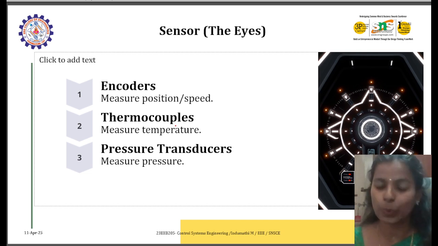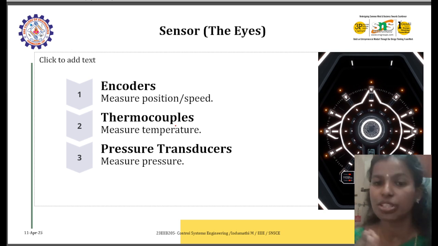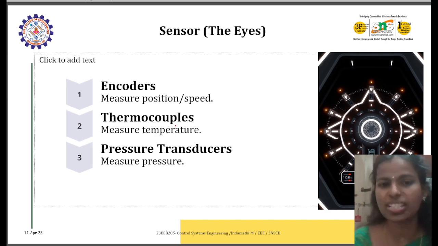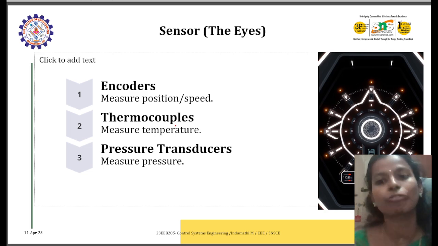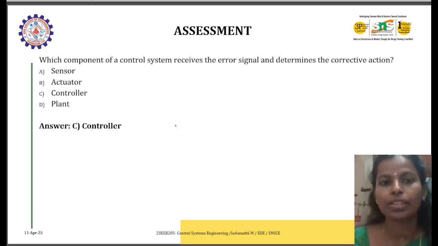We have encoders to measure speed or position, thermocouples to measure temperature, pressure transducers to measure pressure, humidity sensors to measure humidity, and fuel sensors to measure fuel. We have a number of sensors. For example, in our mobile phones, how many sensors do we have? We have sensors to detect the human face, and so on, nowadays.